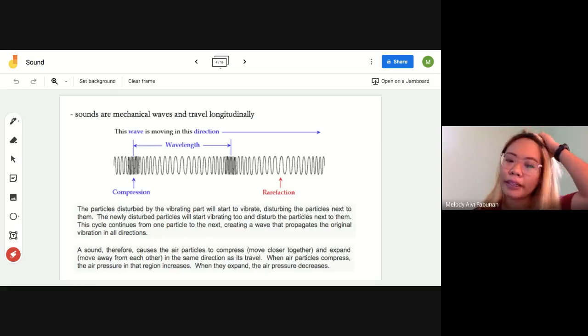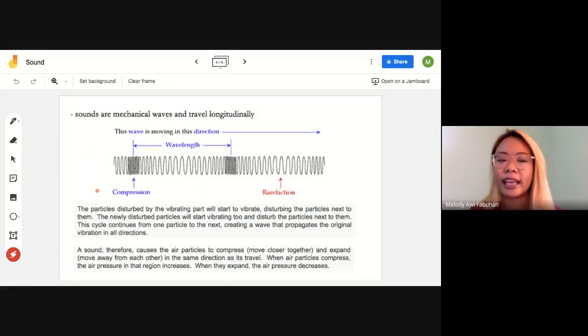And yung mga particles or molecules in gaseous substances such as air, they are very far from each other. So tatandaan natin na yung mga different mediums natin are composed of particles or molecules. And these particles are very important, necessary sila for the transmission of sound.